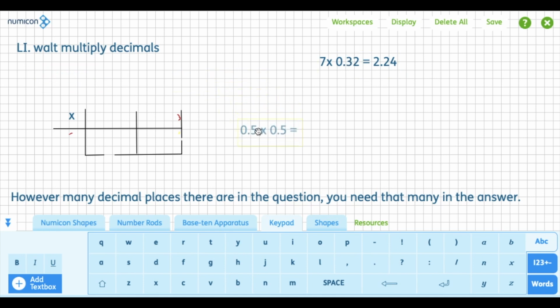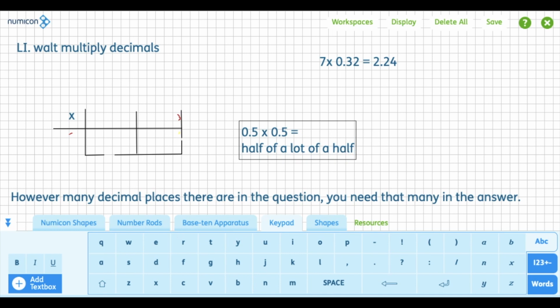Now, we're going to have a think, just like as a picture, of a half times a half, all right? So if we think about a half times a half, so 0.5 times 0.5, what we're looking for is half of a lot of a half, right? The same way that we were talking about 7 lots of 0.32, now we're looking for half of a lot of a half.